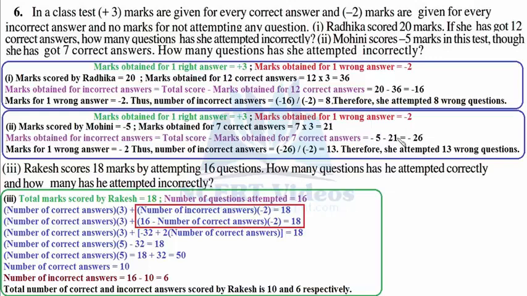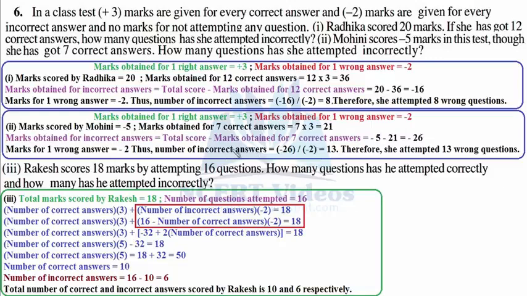Out of them, 5 are wrong. So this means 5 are correct if every question fetches you 1 mark. So this is the basic idea. The marks for one wrong answer is minus 2. Therefore, when we divide this minus 26 by minus 2, we can get the number of incorrect questions.